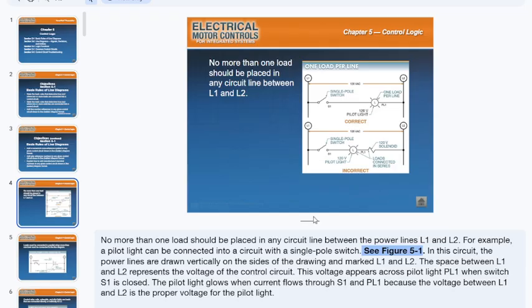Either the machine has a PLC, which most things have these days, or if it doesn't have a PLC, the diagram was still created with some kind of software.